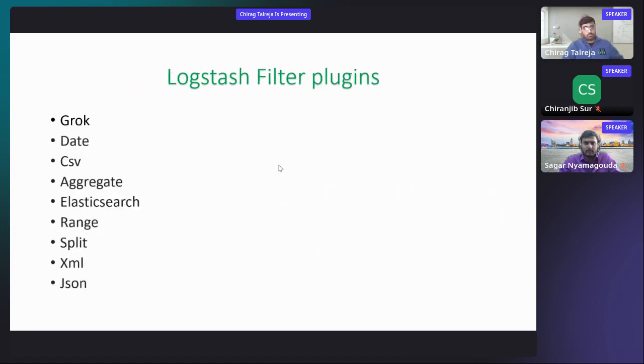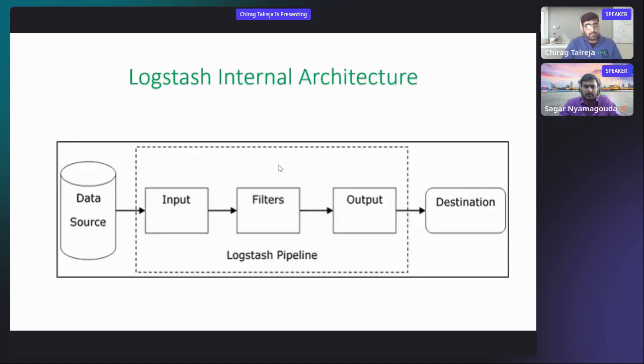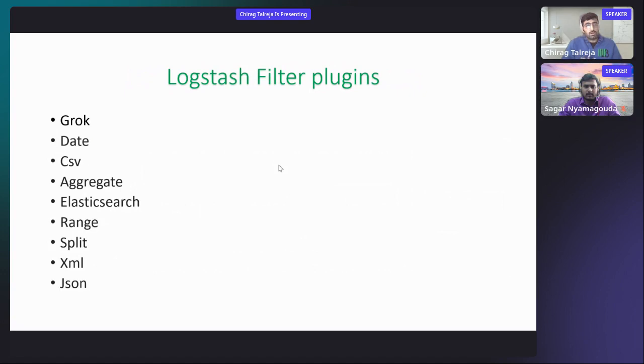Okay, moving on. The second part of this pipeline is the filter plugin. Logstash offers various kinds of filter plugins. We have listed a few of them here, though there are many and they could be used as per our use cases. I would briefly go over these filter plugins, and we have incorporated some of them in our pipeline as well.